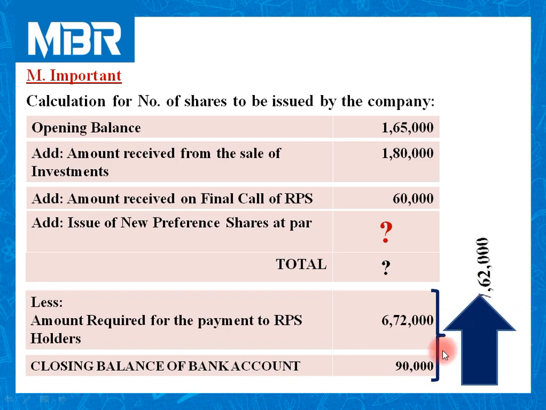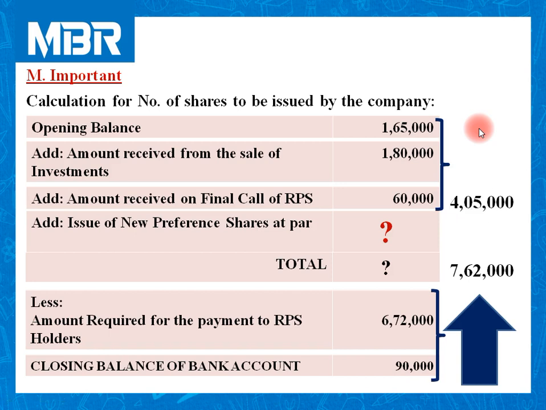7,62,000 is nothing more than the total of 6,72,000 plus 90,000. On the other hand, we have rupees 4,05,000 on the receipt side. For the purpose of calculation of this 4,05,000, you can easily make a total of 1,65,000 plus 1,80,000 plus 60,000 rupees received on final call.